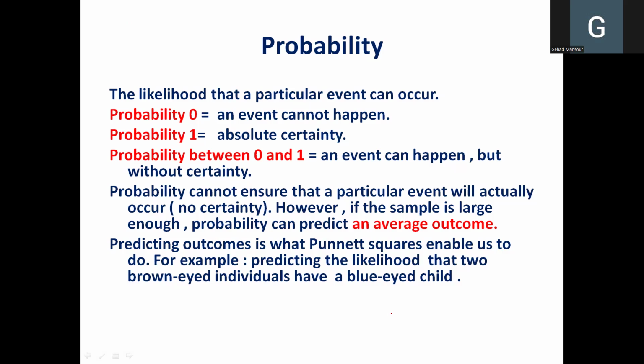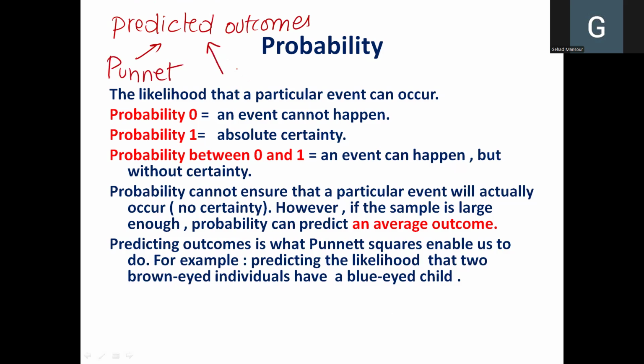The predicted outcomes through the genetic diagrams, you can obtain them either from a Punnett square, which is more organized and more useful in large samples, or from an ordinary genetic diagram, which would be more difficult to organize if you have a large sample.